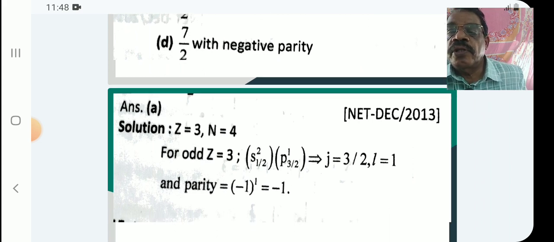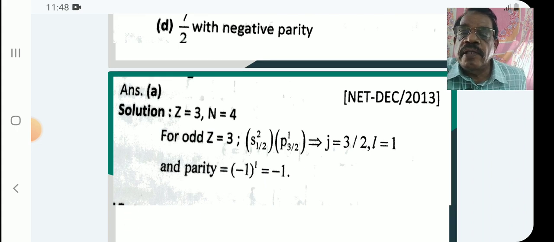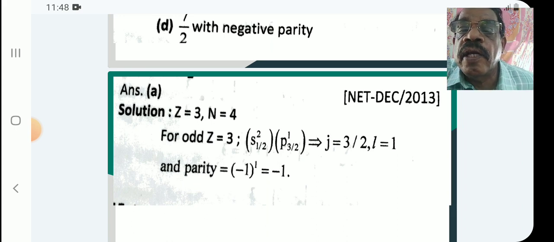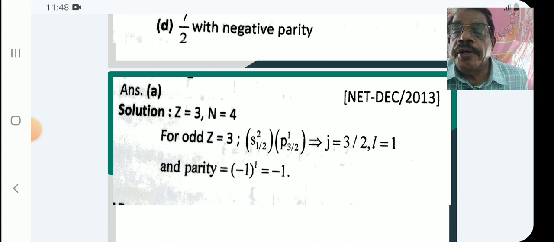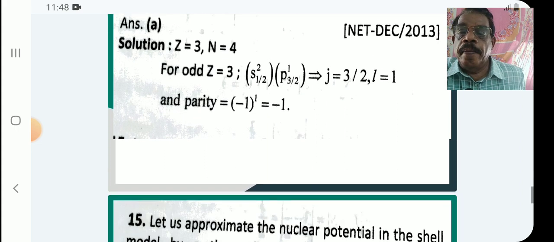Here Z is equal to 3, N is equal to 4, A minus Z. For odd Z, Z is equal to 3, odd parity. And it is 1s1/2, 1p3/2, we get J is 3 by 2, L is 1, and parity is minus 1 raised to L, that is minus 1 raised to 1, that is minus 1.